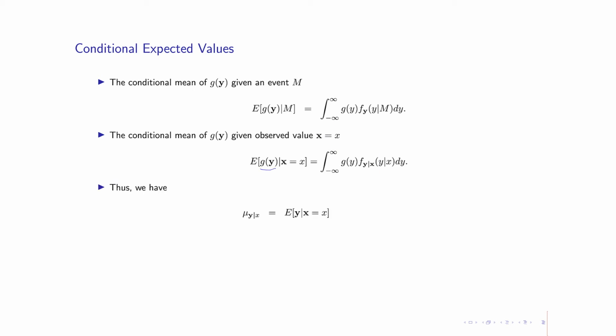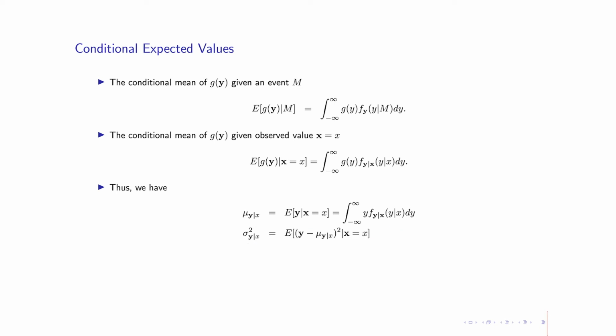One example is that this g(y) is y itself, so you will get the conditional mean of y given the value of x. Sometimes we abbreviate this, or sometimes we denote it mu of y given x equal x, whatever is not confusing for people involved. We can simplify the notation. Similarly, the variance of y given x is equal to the mean of y to the power 2 given x equal x, minus the mean of y given x equal x to the power of 2.